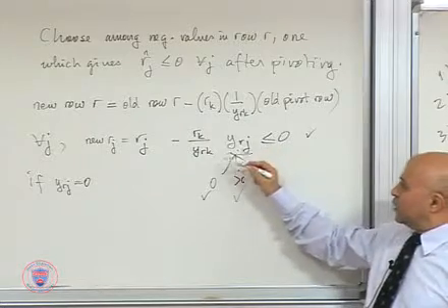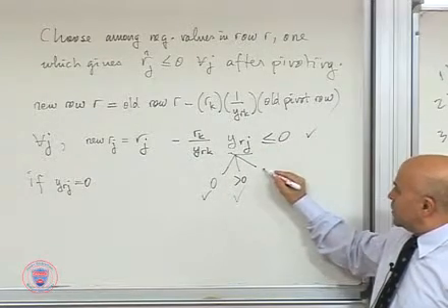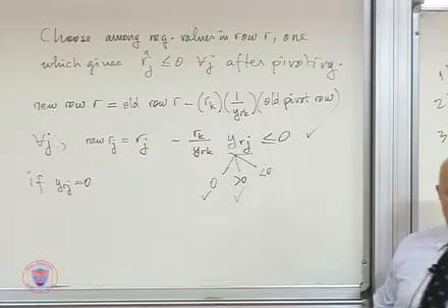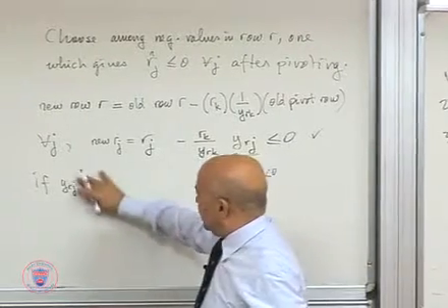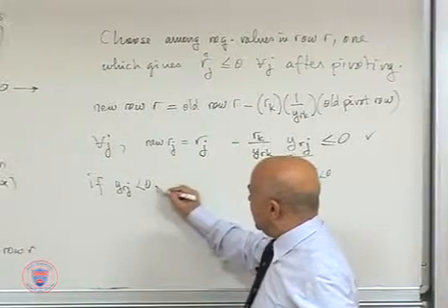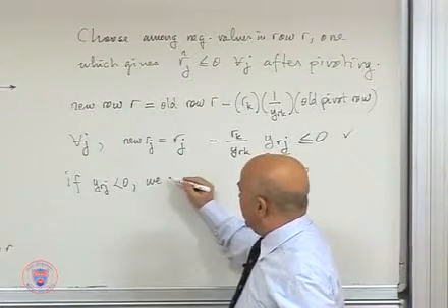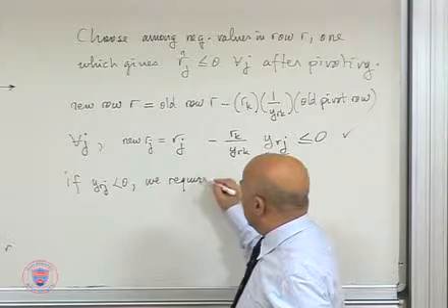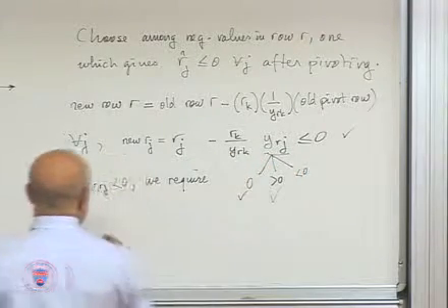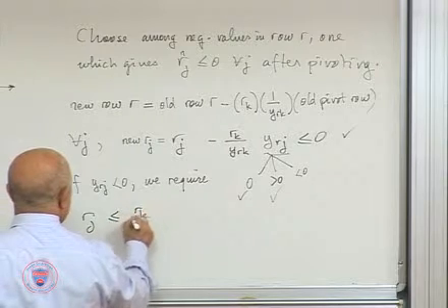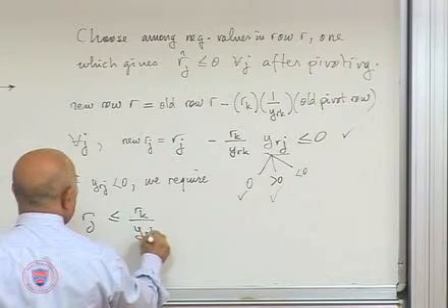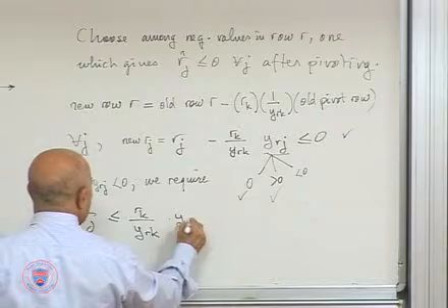The only case that will cause problems is the case when this is less than 0. Okay? So in that case, if Yrj is less than 0, we require, due to the inequality, that Rj be less than or equal to Rk divided by Yrk times Yrj.